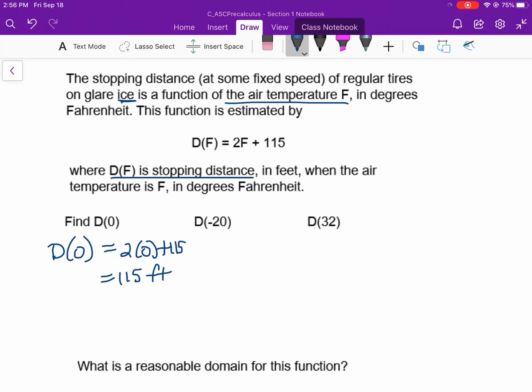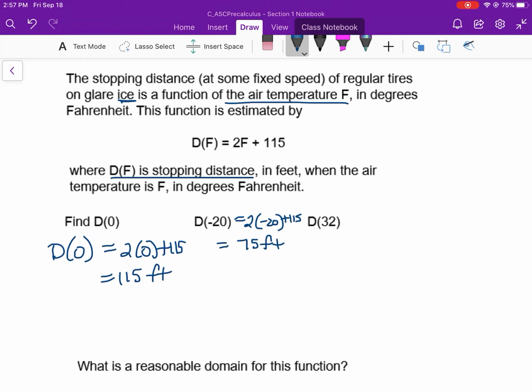And then I can do the same thing with this one. It's 2 times negative 20 plus 115. So 115 minus 40 is 75 feet. So when it's colder, I don't slide as far. I don't take as long to stop.